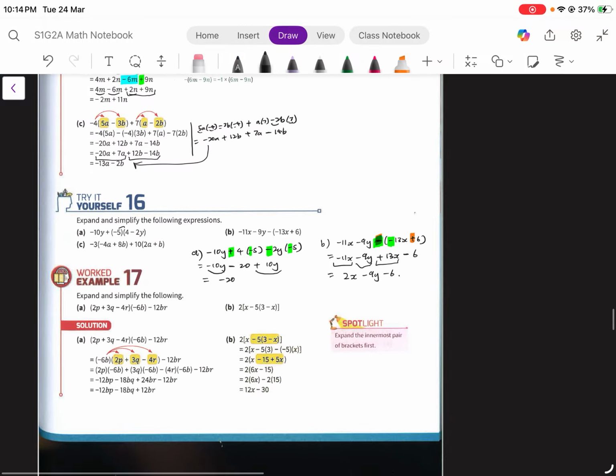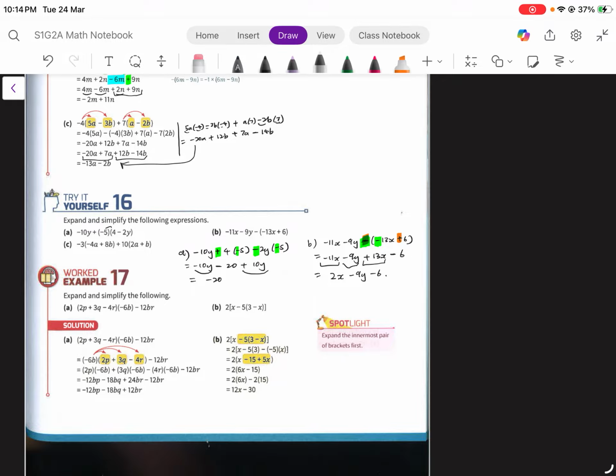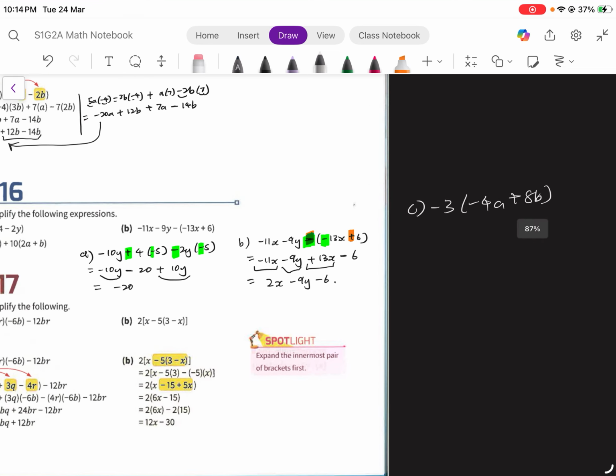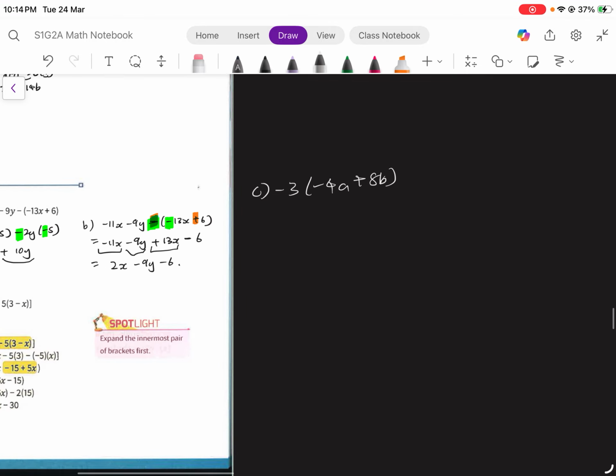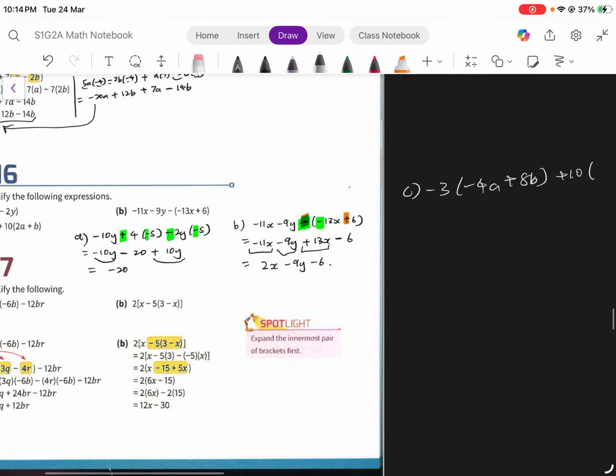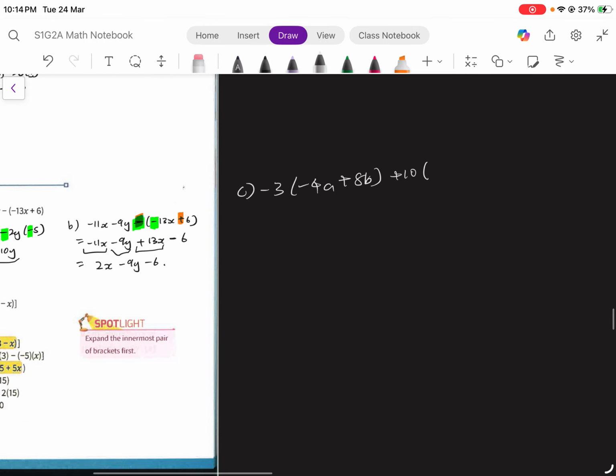Right, no space. Okay, part C I'll do it here. So we have 3 minus 4a plus 8b plus 10 2a plus b.